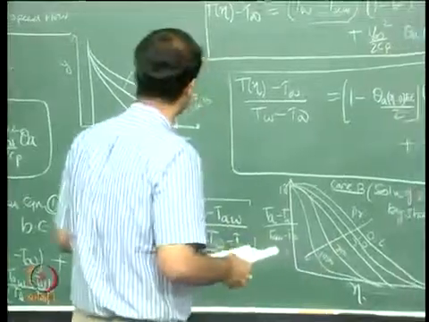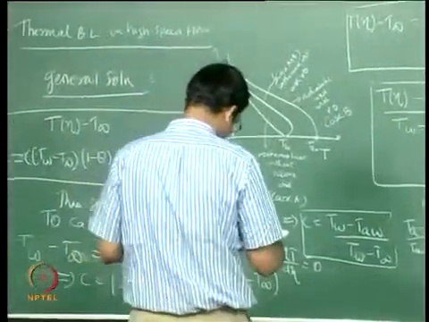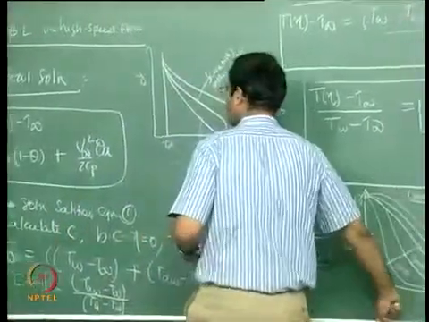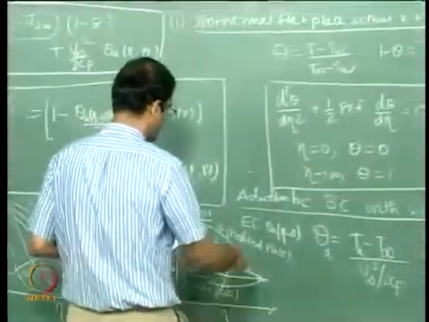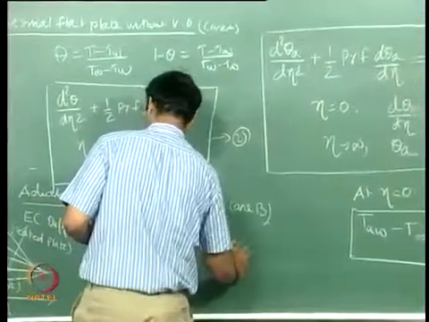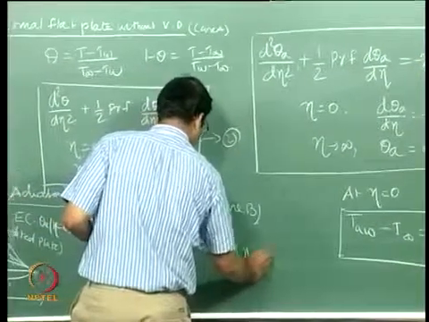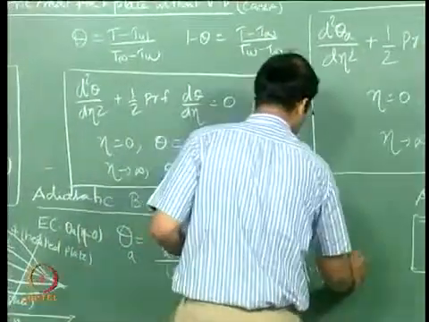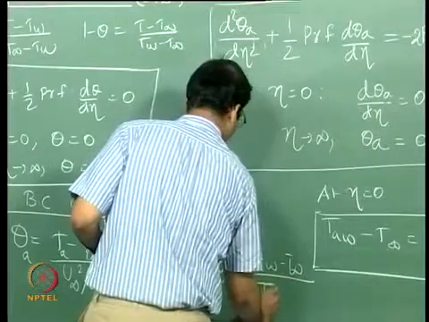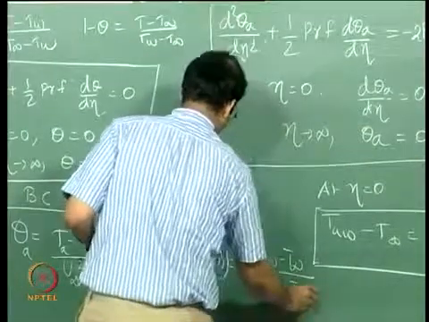Okay, so finally we are interested in the calculation of heat transfer coefficients. We will see how that can be obtained. So if you are confused about the definition of this, your Eckert number into theta a at eta equal to 0 is nothing but your T adiabatic wall minus T infinity by T wall minus T infinity.